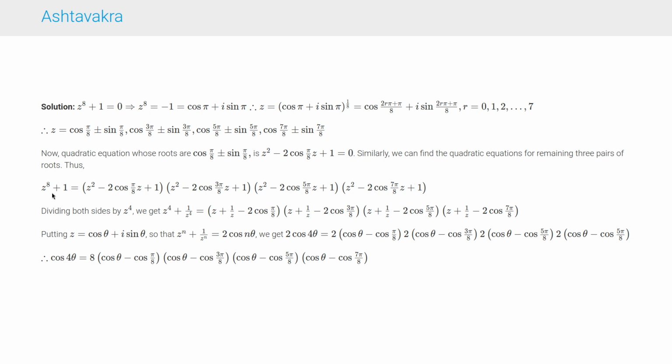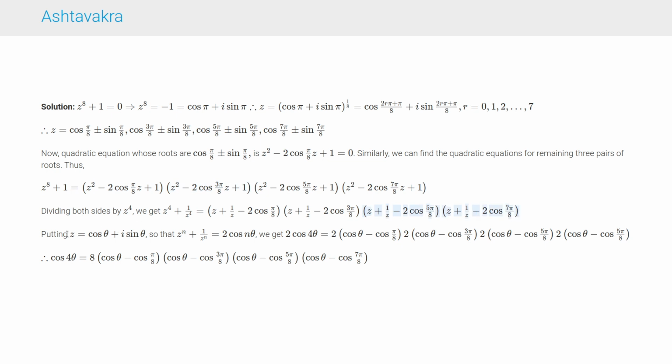So we divide both sides by z to the power 4. So left hand side becomes z to the power 4 plus 1 by z to the power 4, and on the right hand side, we divide the first term by z, it becomes z plus 1 by z minus 2 cos pi by 8. We divide the second term by z, it becomes z plus 1 by z minus 2 cos 3 pi by 8, and so on. So these are the other two terms.